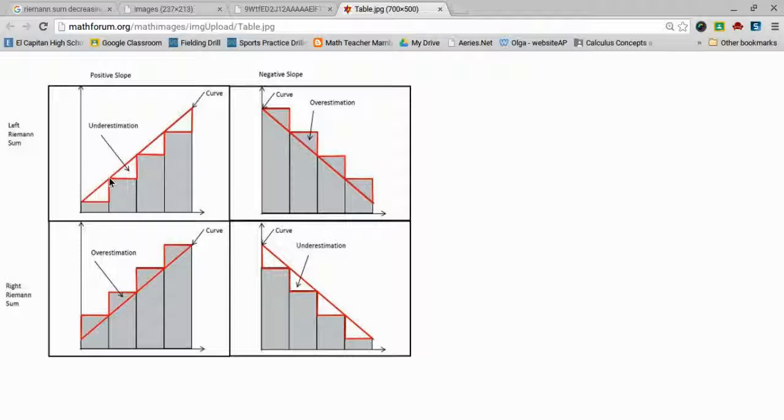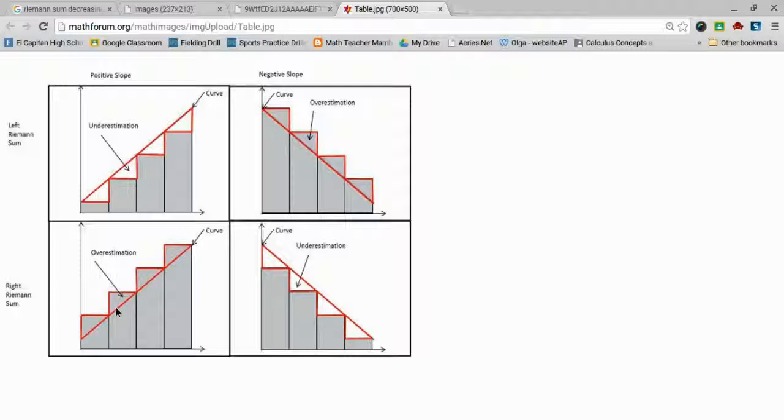Same thing, I start on the left, I move to the right, and when I get to an endpoint, I go down. I keep going all the way until my interval ends. Remember that my interval is from B to A. Notice as well that this is an underestimation. Again, this is for a positive slope.